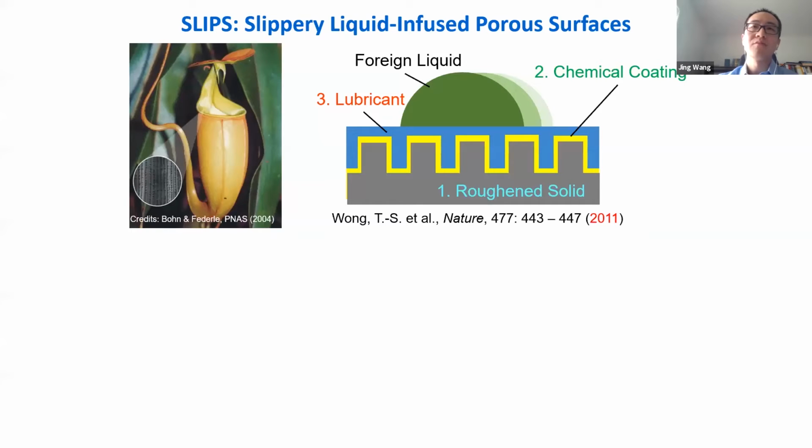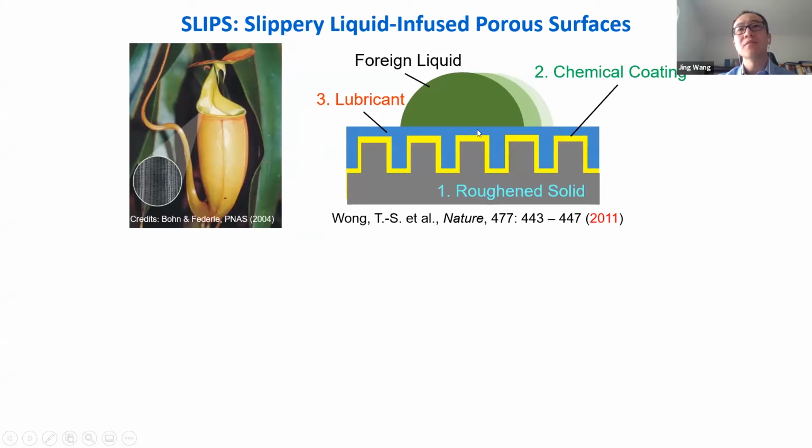It comprises three components. One is the underlying roughened solid surface, and the other is a chemical coating that has better chemical affinity to the lubricant, and by capillary force, the lubricant will spread and form a stable lubrication layer.